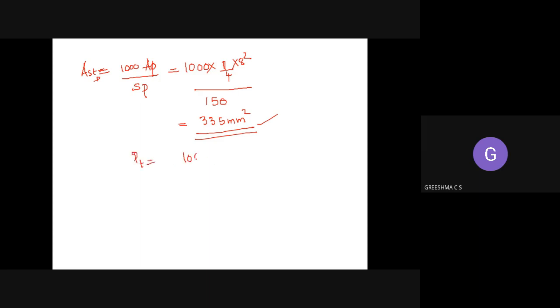PT is equal to 100 AST divided by B into T. You have to substitute this equation: 100 into 335 divided by 1000 into T. You can take T as 153.